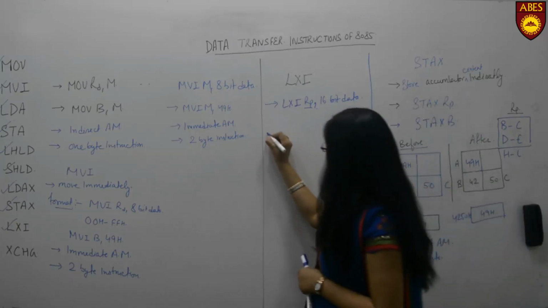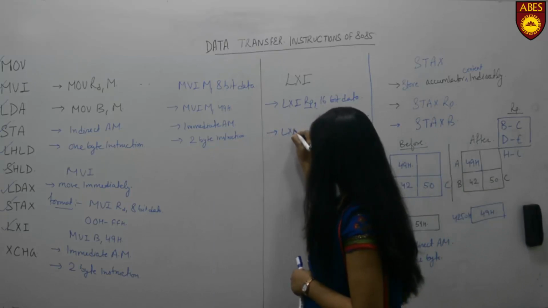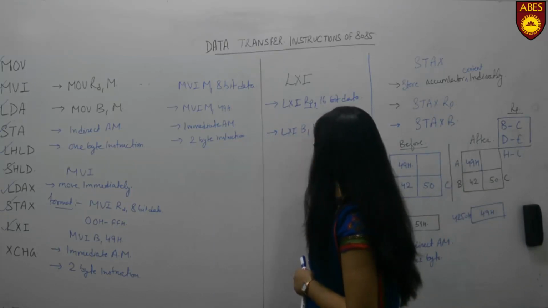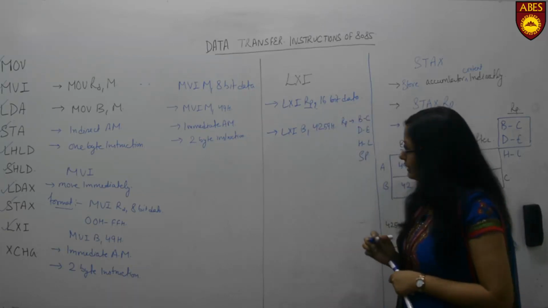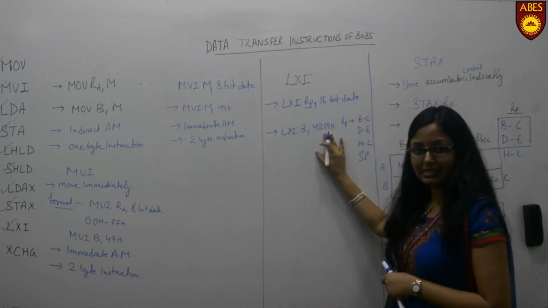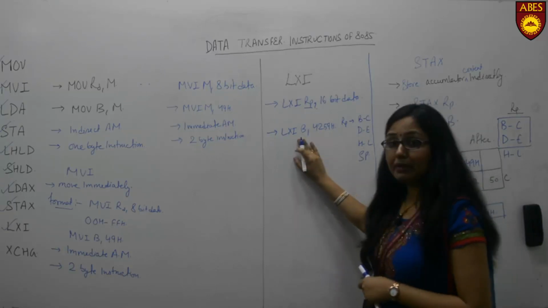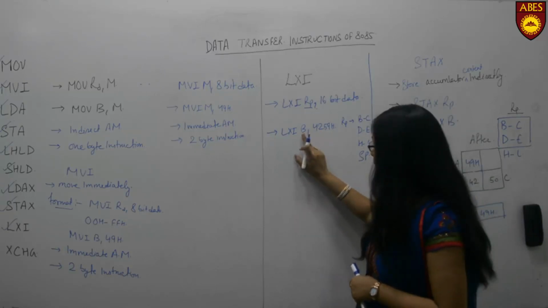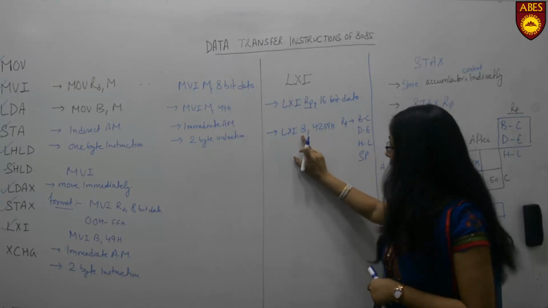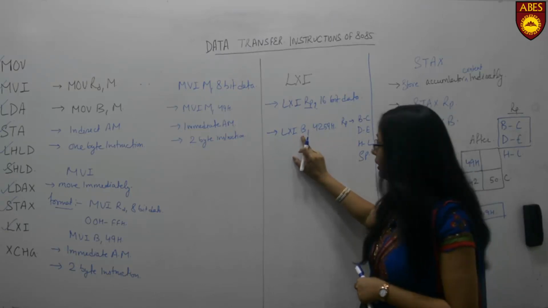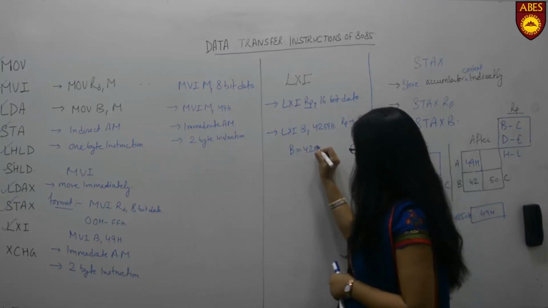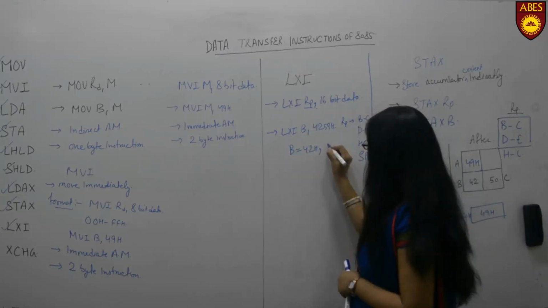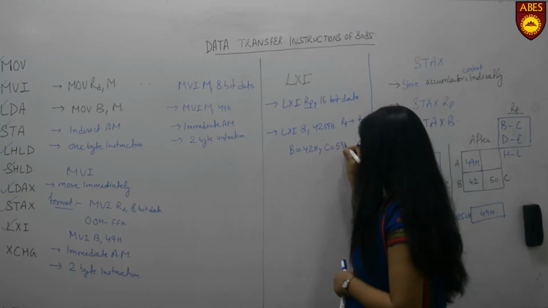For example, if we write LXI B, 4259H, this instruction copies this 16-bit data into BC register pair. Here you have to note that the first register named is the higher order register only. It means after the execution of this instruction, the content of B register is 42 and the content of C register is 59.